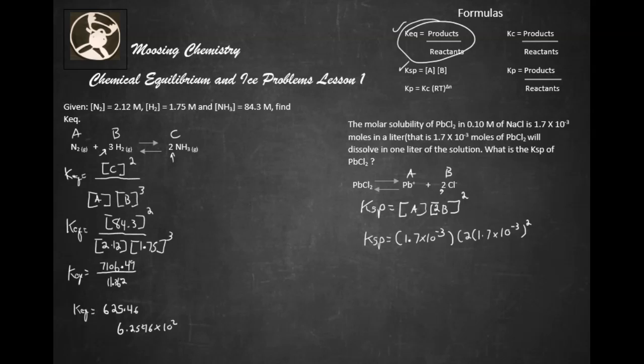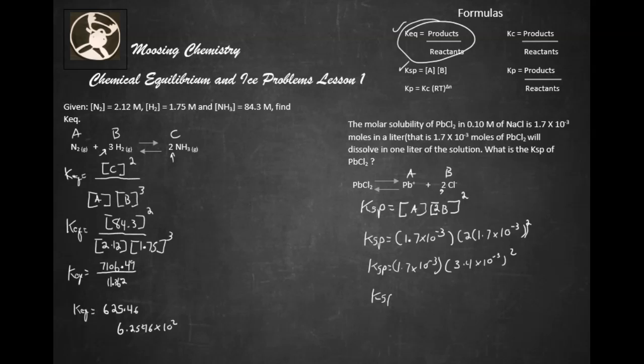So when we do the math, you get Ksp equals 1.7 times 10 to the negative third, we'll put down the outside there, times 3.4 times 10 to the negative third, and then we're going to square that.